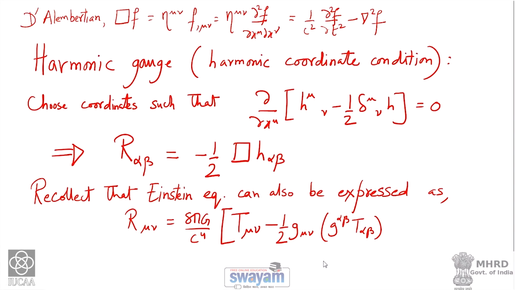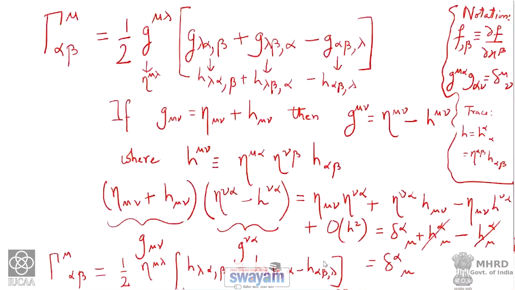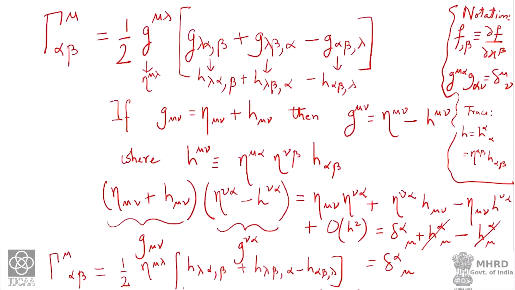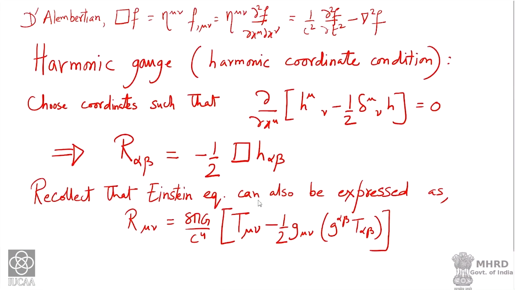That means g alpha beta T alpha beta is simply the trace of the energy momentum tensor. This equation is an alternate form of the original Einstein equation. All you have to do is to take the other equation and multiply by the contravariant metric tensor g mu nu on both sides. You will soon be able to express R in terms of the trace of T mu nu, substitute back, and then you will be able to get this equation. All right.